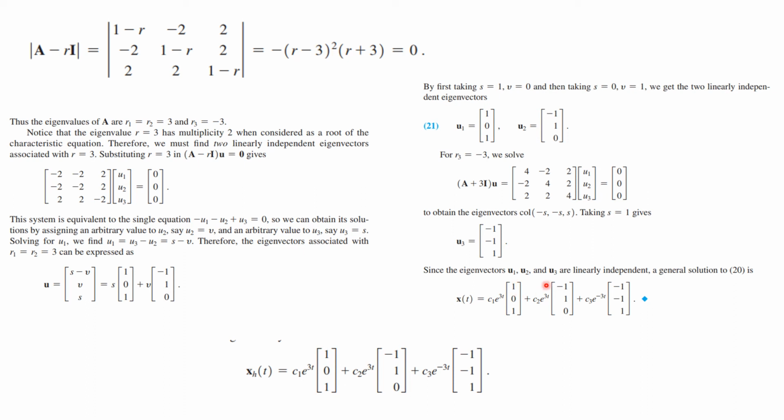So now those are three linearly independent vectors. So the general solution then is going to be the linear combination of the three. And so this is my solution to the homogeneous part of our equation to solve. So this is part of our solution.